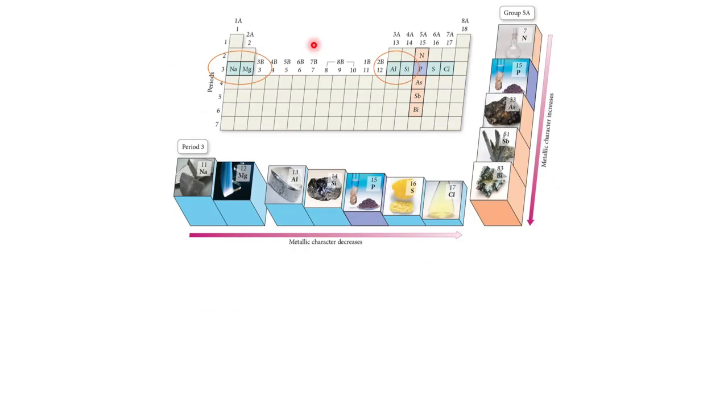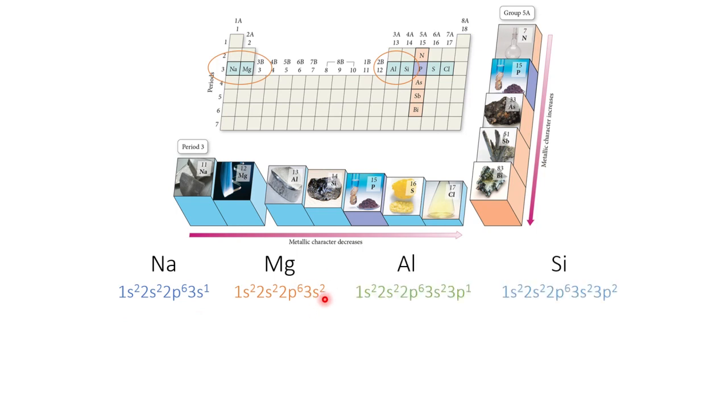So let's take a look at this third row here. With sodium, we're at 1s2, 2s2, 2p6, 3s1. And then with magnesium, it's the same but 3s2. Aluminum, we then have a 3p1, and silicon a 3p2.